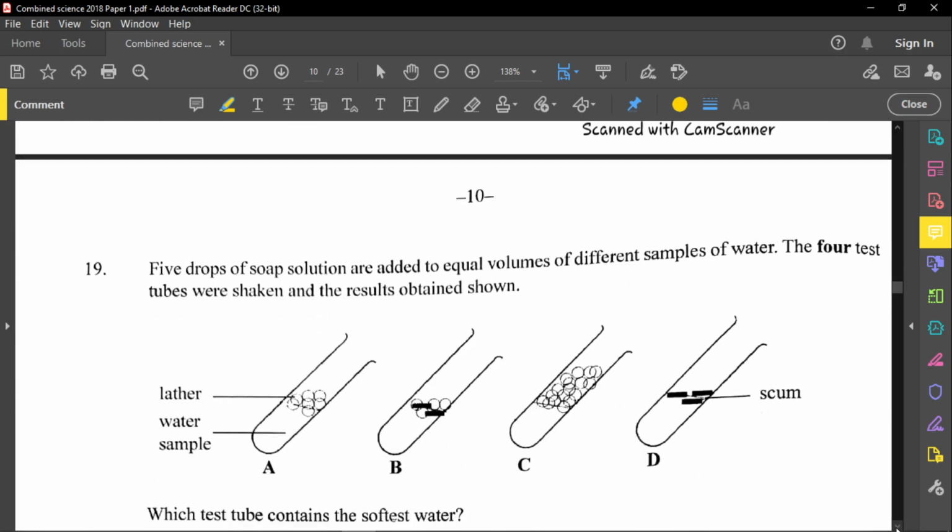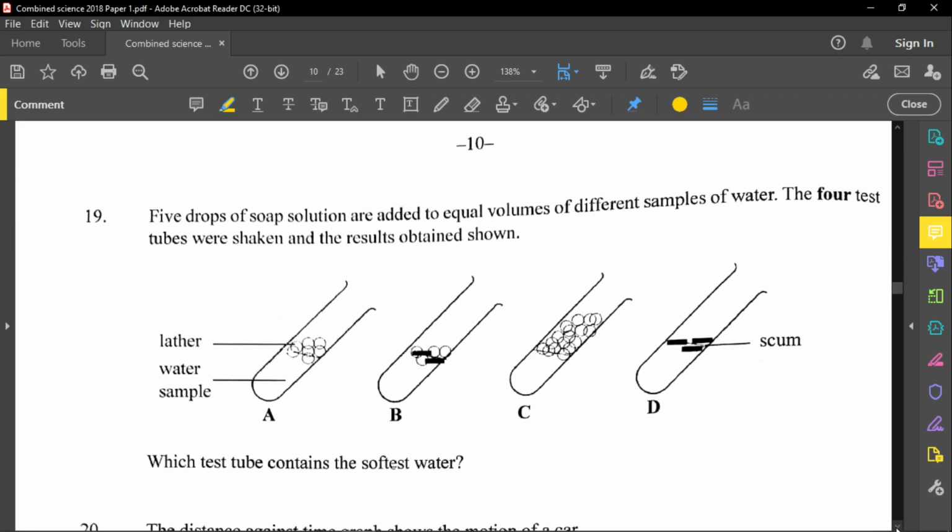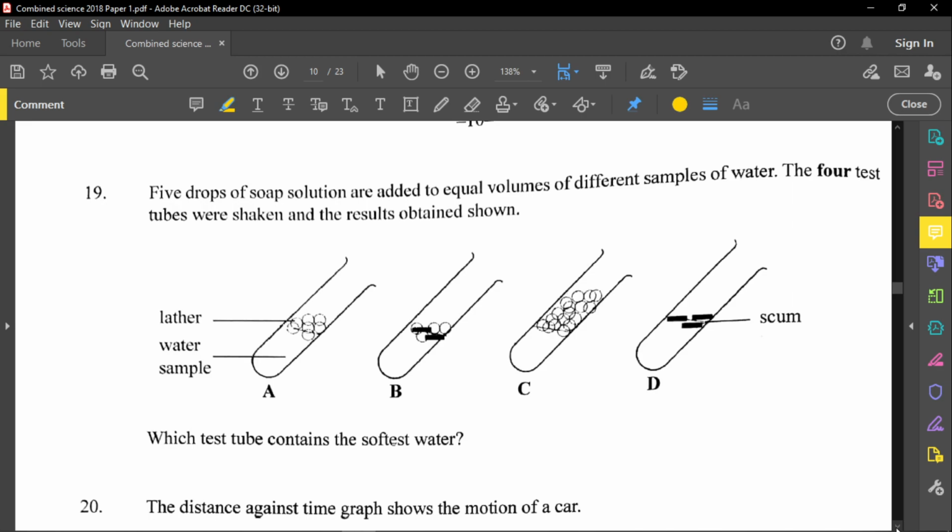Number 19, it said 5 drops of soap solution are added to equal volumes of different samples of water. The 4 test tubes were shaken and the results obtained. Now, first and foremost, they say lather. That is lather, which means the soapiness in the water, right? And so here now we ask which test tube contains soft water.